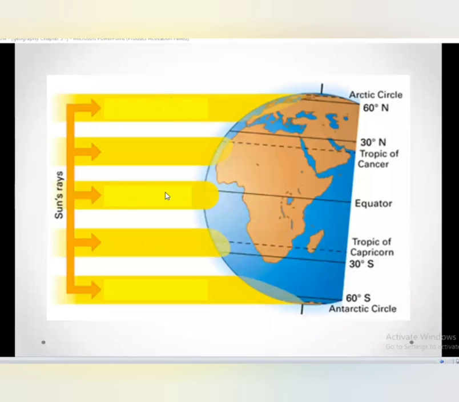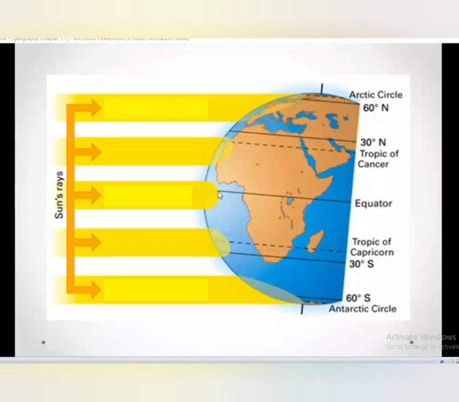Since the sun rays fall straight, they occupy less area, so that equatorial area has a lot of heat. Hence, this surface gets heated more and the air becomes hotter.